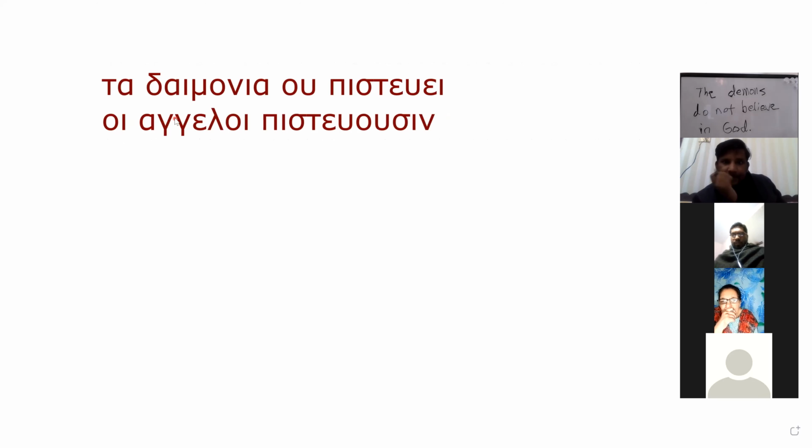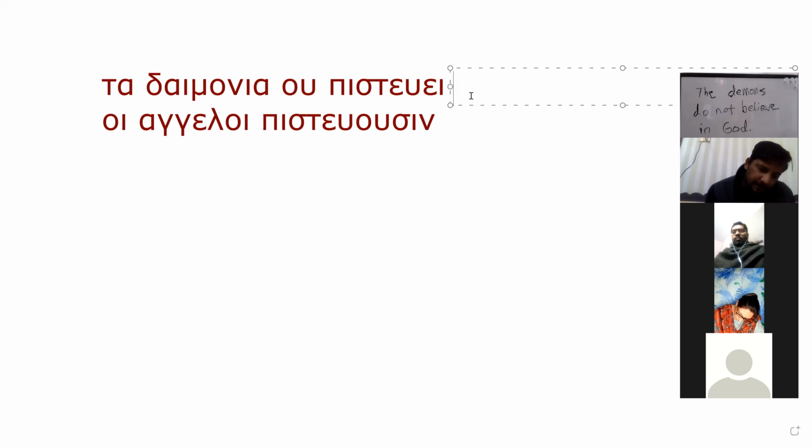Angels are masculine. A masculine plural takes the third person plural, pistuousin. But neuter plurals take the singular verb. Now we have to finish group 1. Anil, Shalim, John, and room 1, please, are not believing in God would be what?